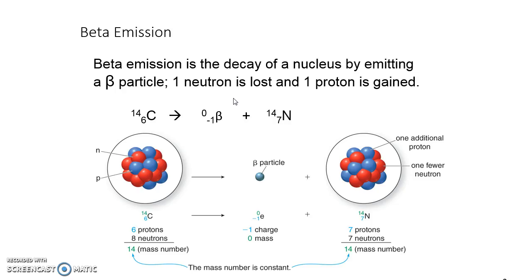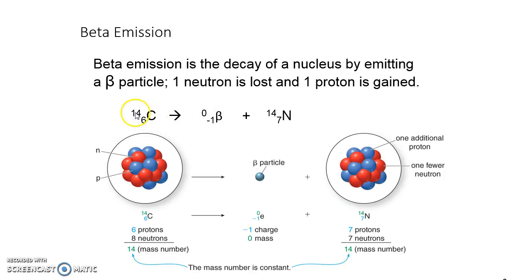Here's an example of beta emission. Carbon-14 undergoes beta emission. So here's carbon-14 all by itself. Over time, one of those carbon-14s will spit out a beta particle. A beta particle has a mass of 0 and a charge of -1.